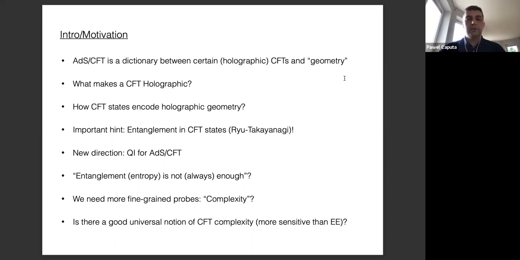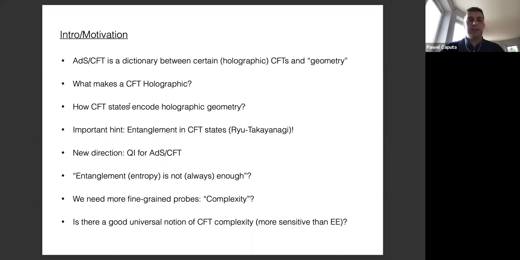Let's say you take your favorite 2D Ising model and you ask, is this model holographic or not? If it is, what makes it holographic? What properties of the CFT assure me that this model is holographic? In particular, we are interested in how CFT states encode the holographic geometry of the dual AdS.